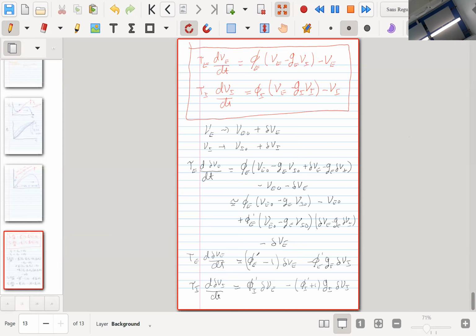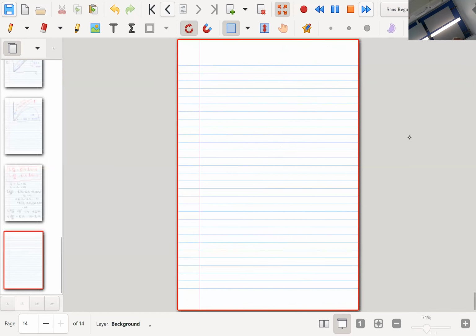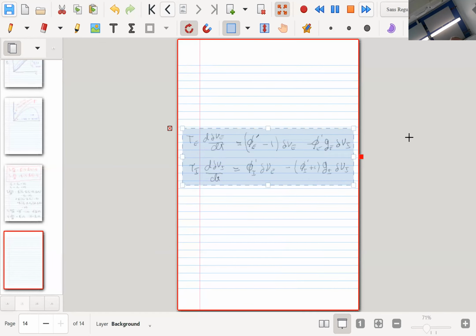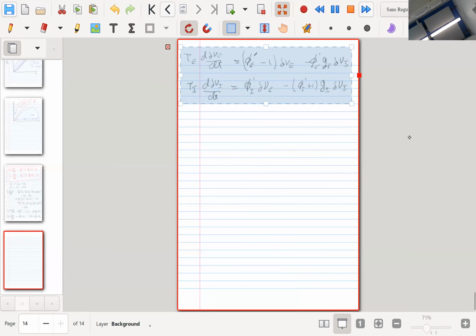Okay, so these are linearized differential equations. I'll copy these onto the next page, and then write them in matrix form.